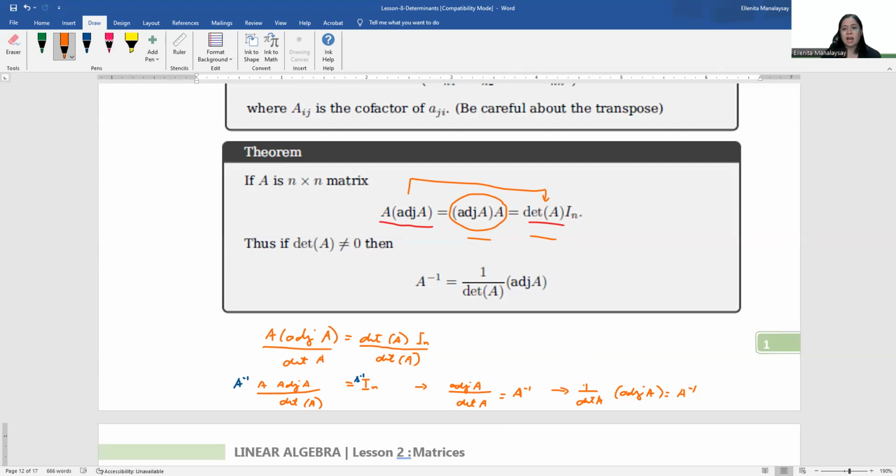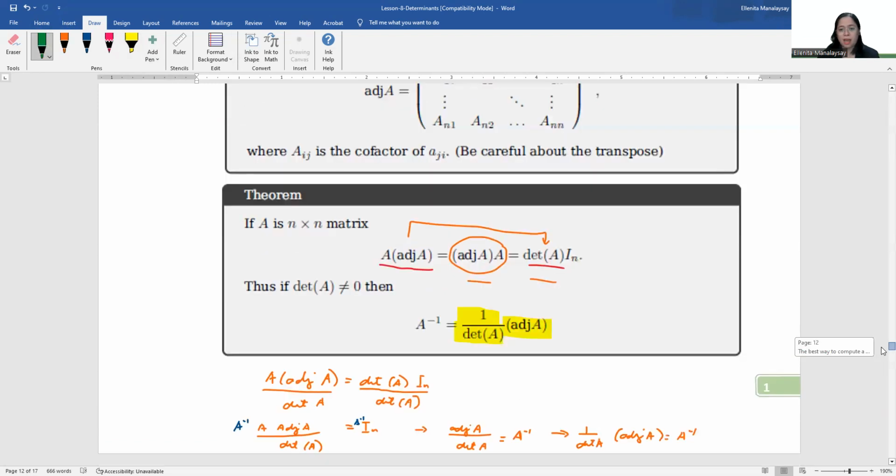So we now accept that one way of finding the inverse is getting the multiplicative inverse of the determinant and multiplying it by the adjoint of A. So we will verify this using the matrix that we have.